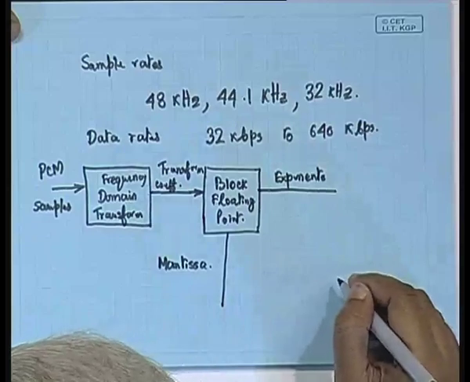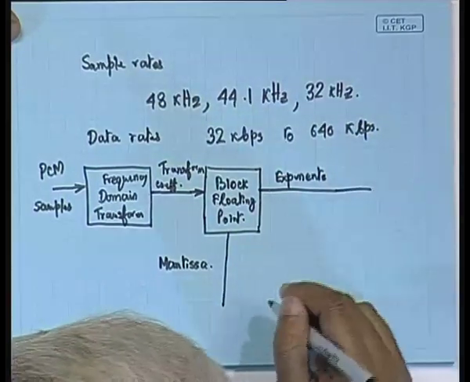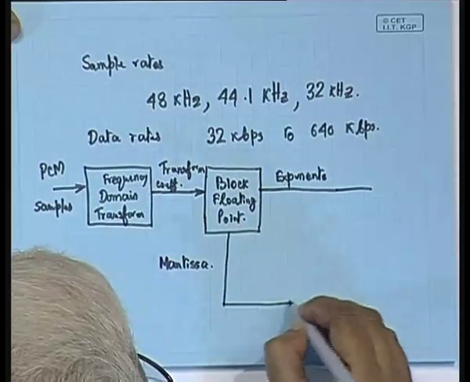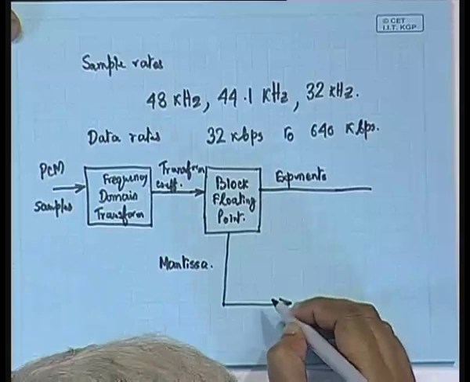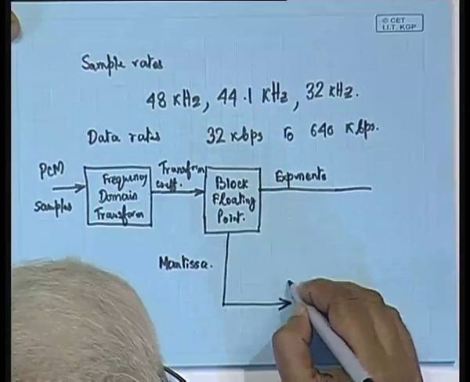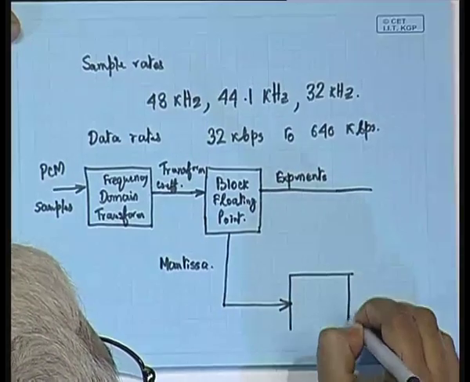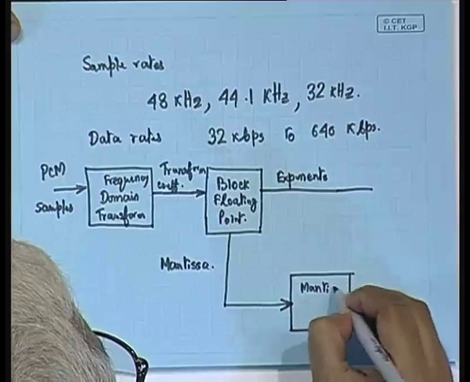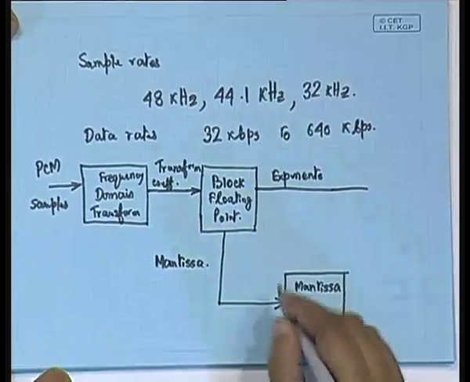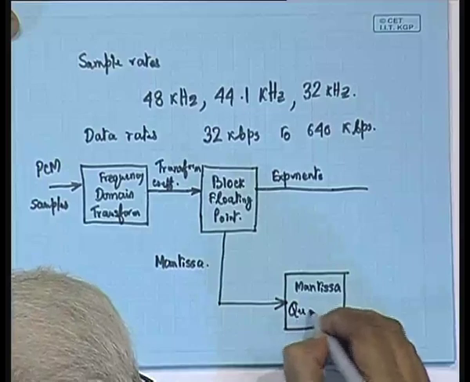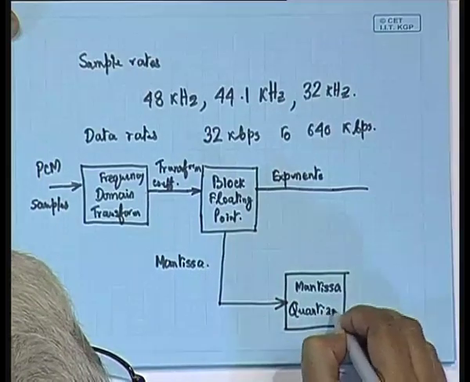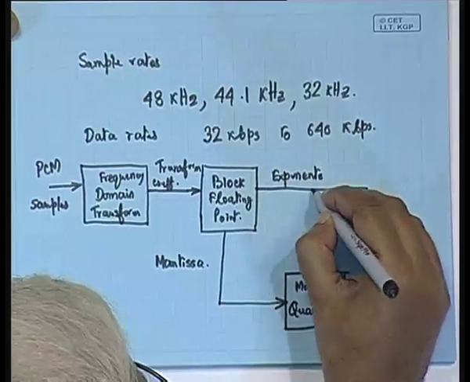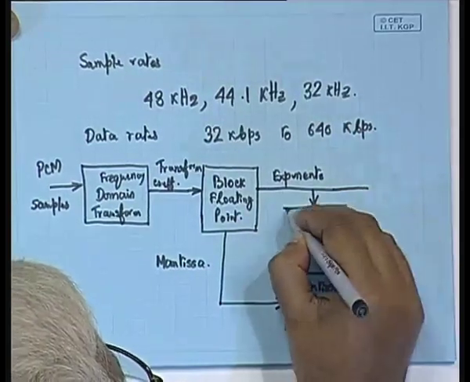Now, the mantissa components are put through a quantization process. So, there is a mantissa quantization, and the exponent part goes through a bit allocation.